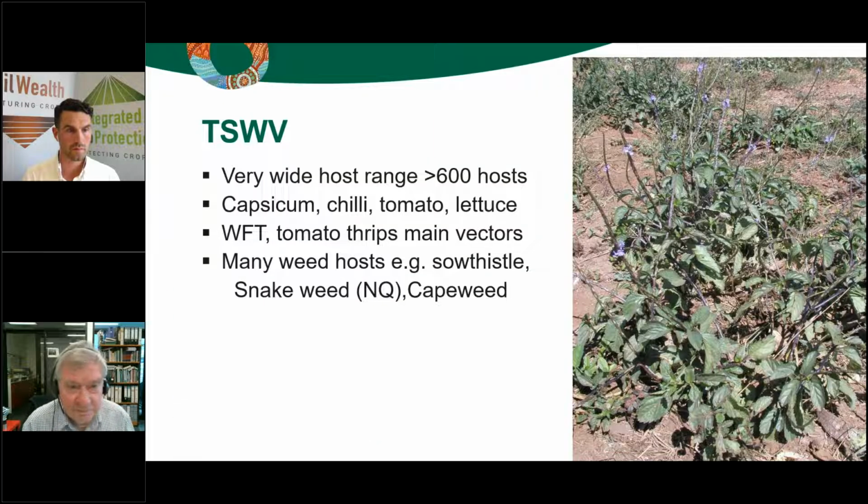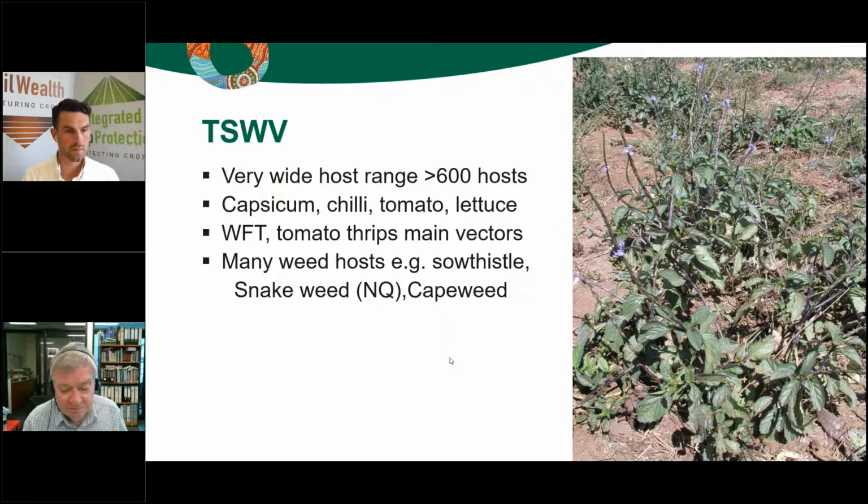So tomato spotted wilt has a very wide host range. In fact, it infects over 600 plant hosts. In Australia, the main hosts are capsicum, chilli, lettuce and tomato. The major vectors or carriers are the western flower thrips and tomato thrips.